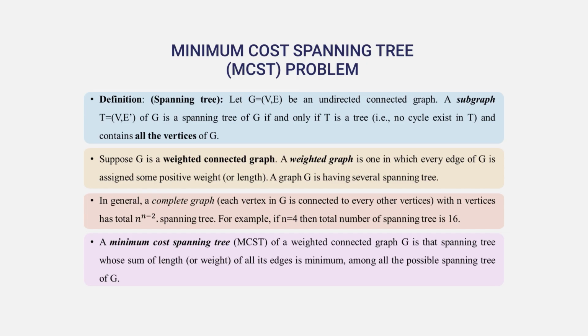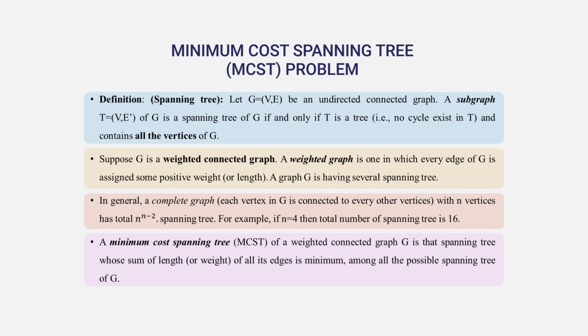Now why do they put a dash on E? Because the number of vertices will remain the same in a subgraph, which is referred to as a spanning tree, but the number of edges will be less as compared to the connected graph G. It is called a spanning tree of G if and only if T has no cycles.